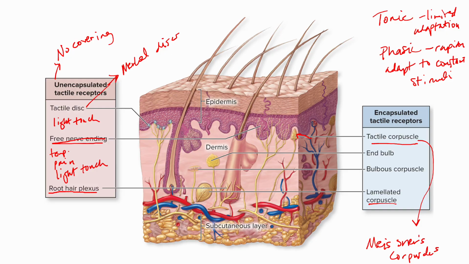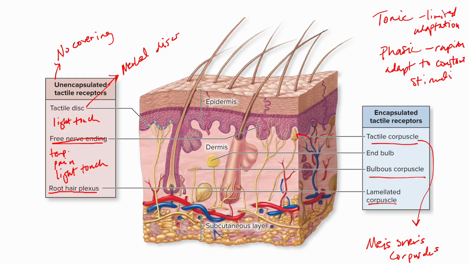They can also be found below the dermis, in the subcutaneous layer or hypodermis. So these are important in our coarse touch and deep pressure. Now, our bulbous corpuscles are the last one I'm going to focus on. These also are important in determining deep pressure. These are located in the dermis, and they can also be found in our hypodermis.